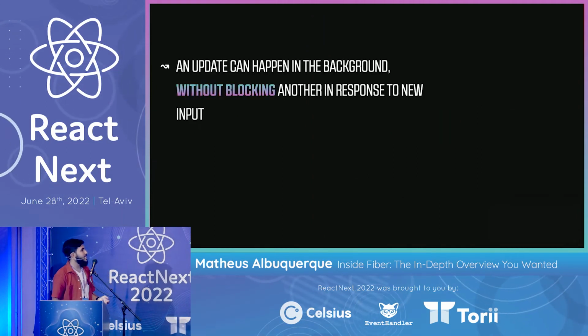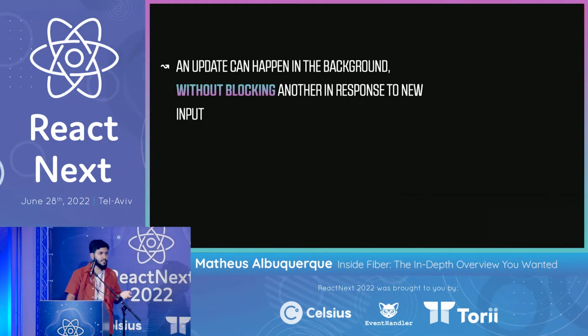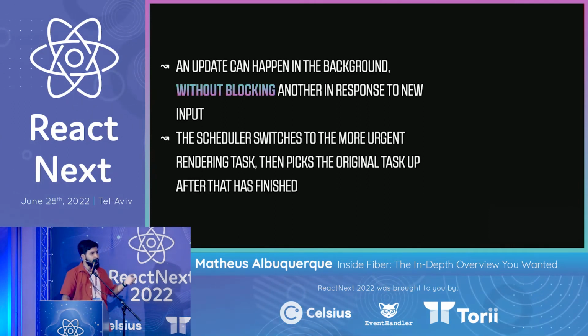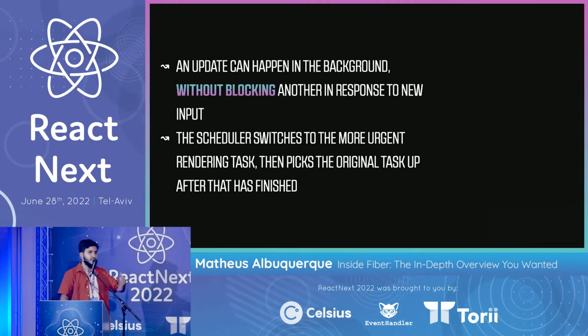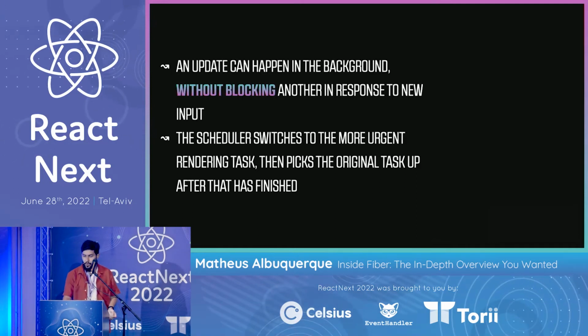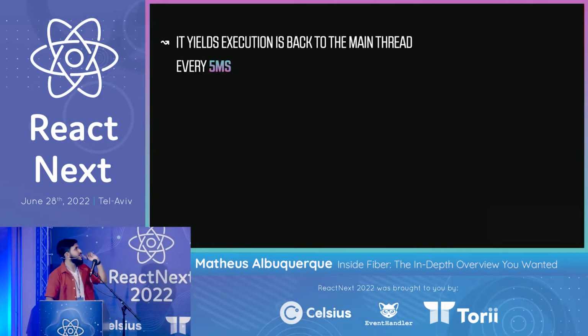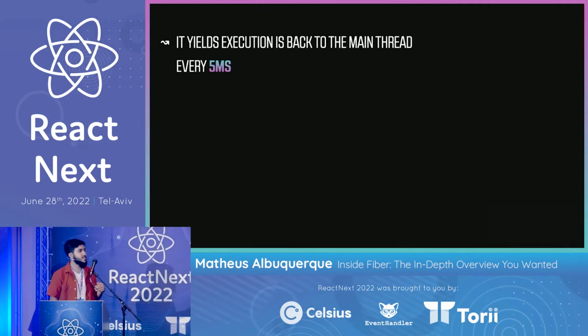And an update can happen in the background without blocking response to new things. The good thing is that the scheduler is clever enough to switch to the more important thing and then resume the original one. My favorite part is that it yields execution back to the main thread every 5 milliseconds.